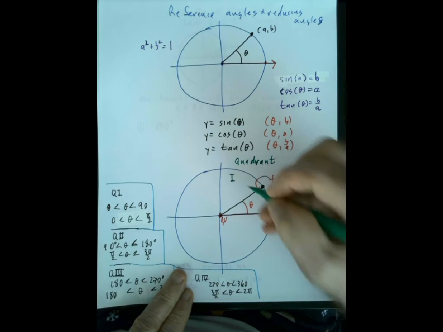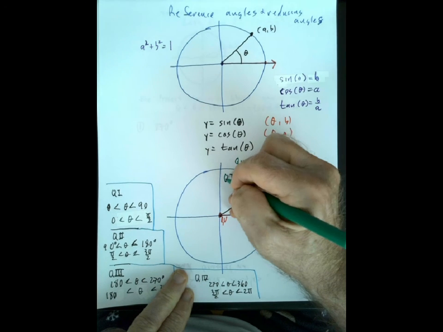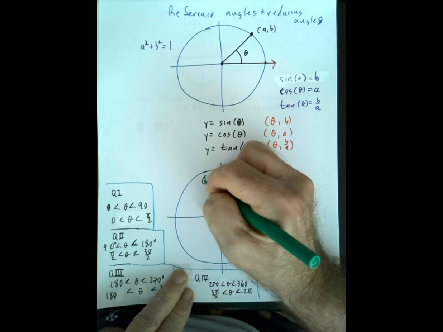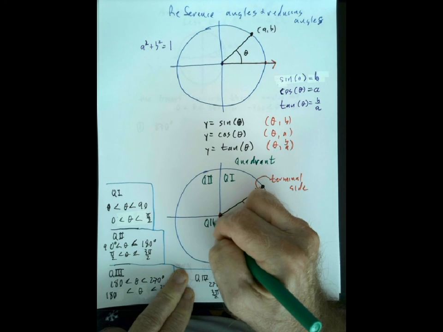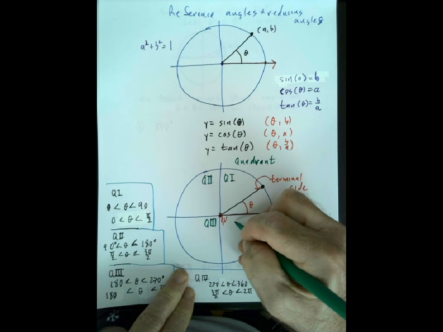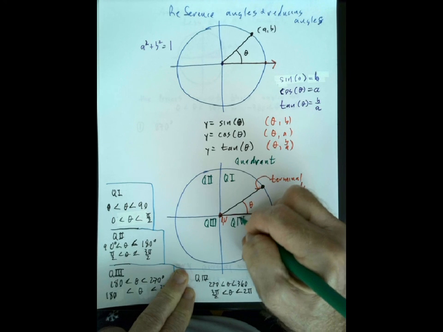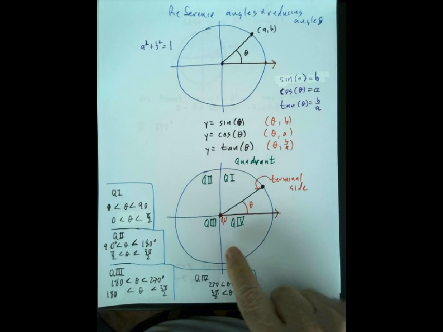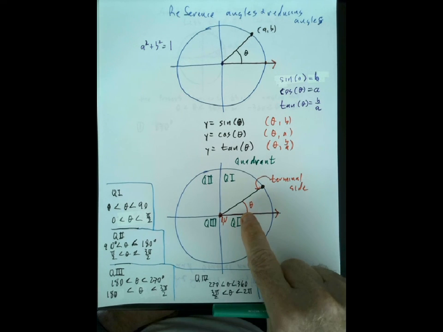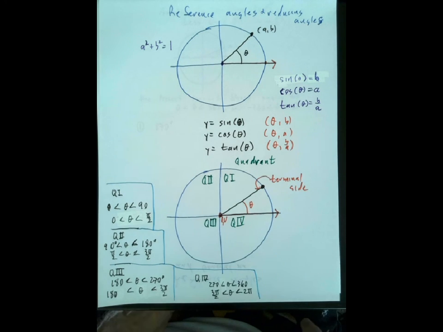This is the first quadrant, or Q1. This is the second quadrant, or Q2. This is the third quadrant, or Q3. And this is the fourth quadrant, or Q4. It's numbered counterclockwise, in the same direction that we measure the angles.